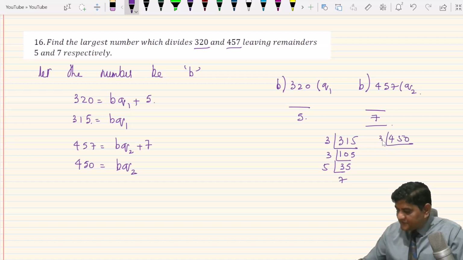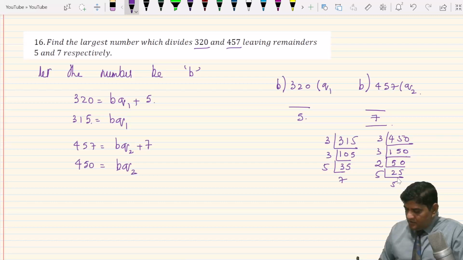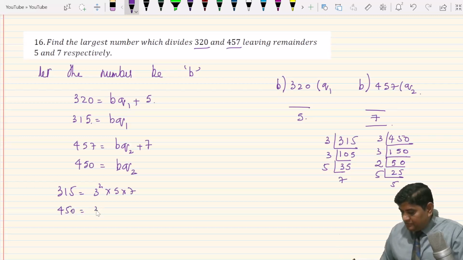450, again I'm going to start with the 3. So the prime factorization of 315 is 3 square into 5 into 7, and then I have the prime factorization of 450 as equal to 3 square into 2 into 5 square.